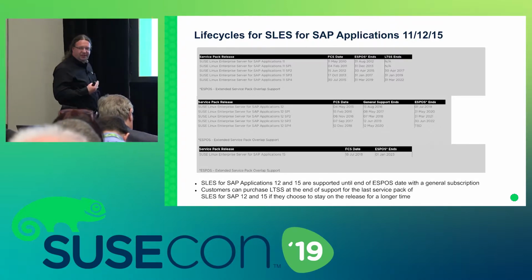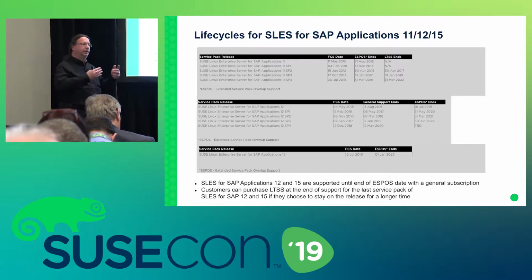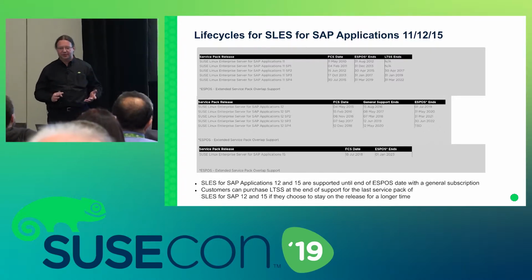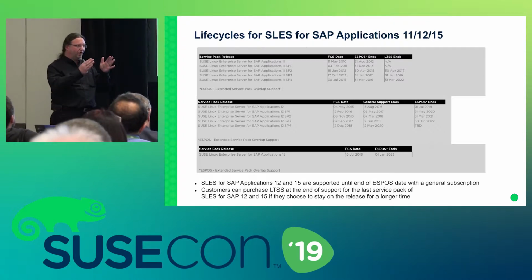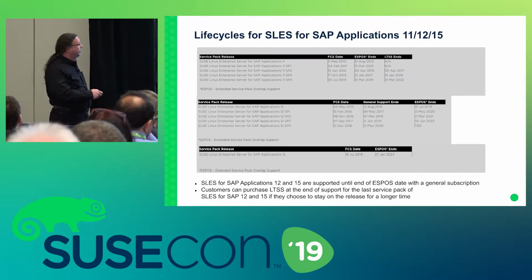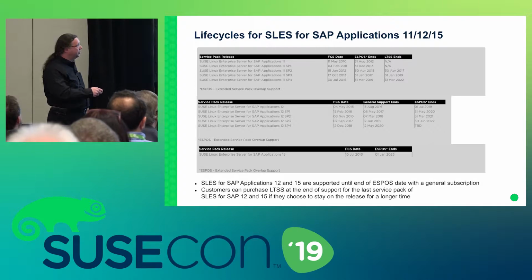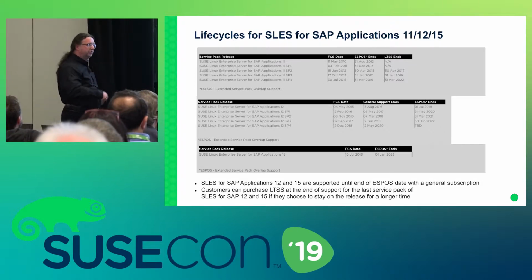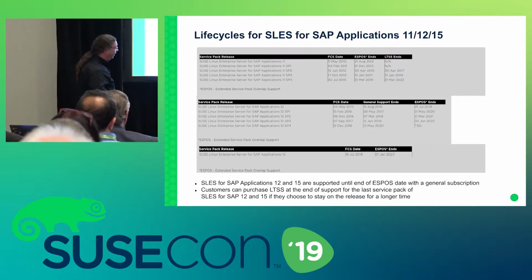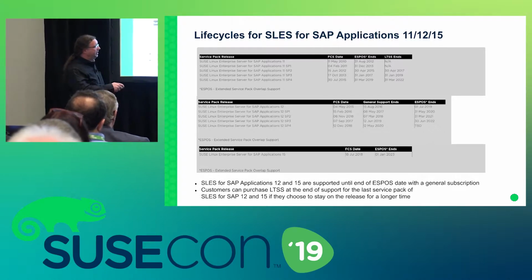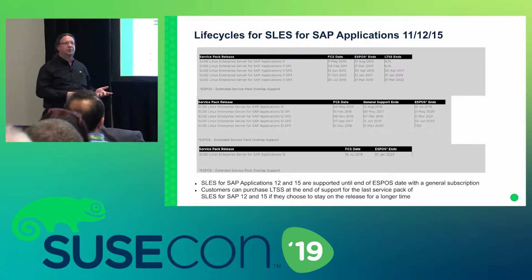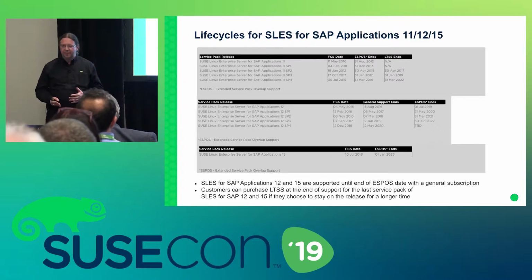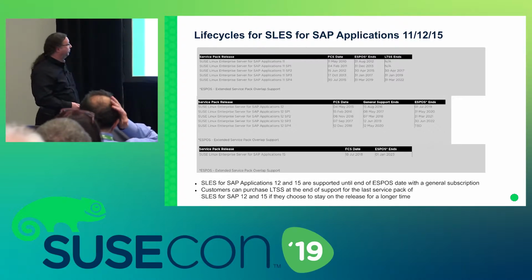During the LTSS, we're not providing new features in general, and there are a few other limitations. That's why we introduced this, that there is 1.5 years of full support with new features and everything like on SLES, and then SPOS equals, from the terms and conditions, LTSS, and we continue and move forward.